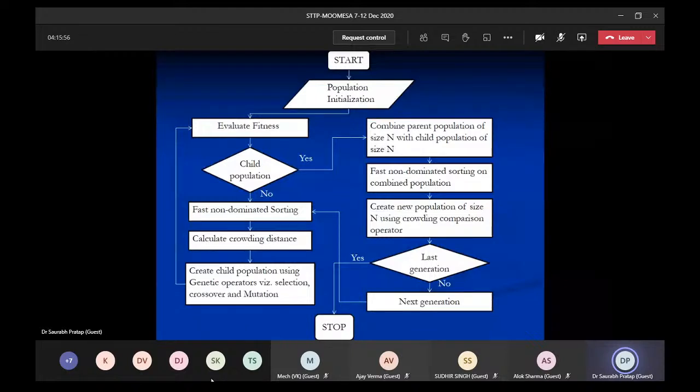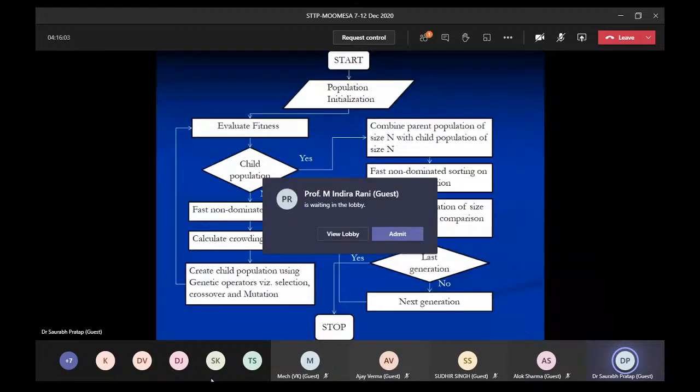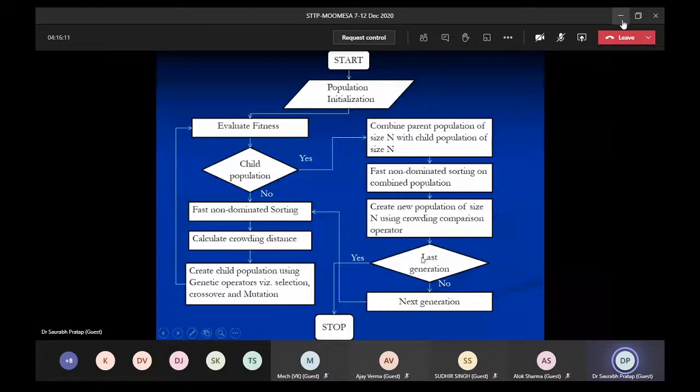After combining the child and parent chromosomes, we go again for fast non-dominated sorting, then create a new population, and in the last step we calculate the fitness function and check whether it is feasible with respect to the constraints or not. If it is feasible, then that will be the stopping criterion.